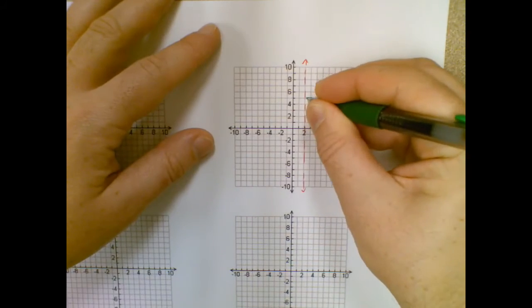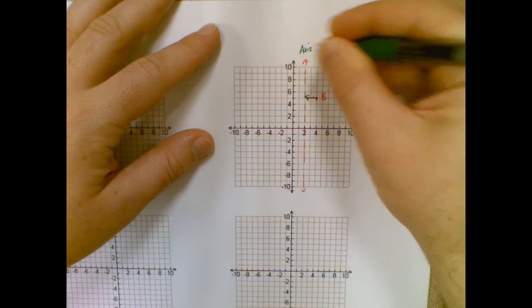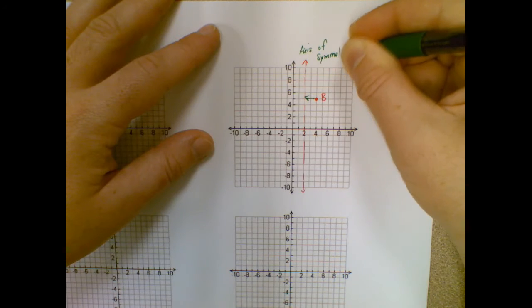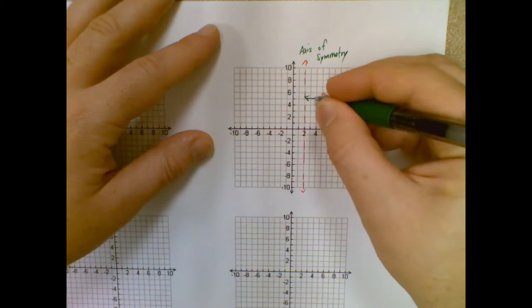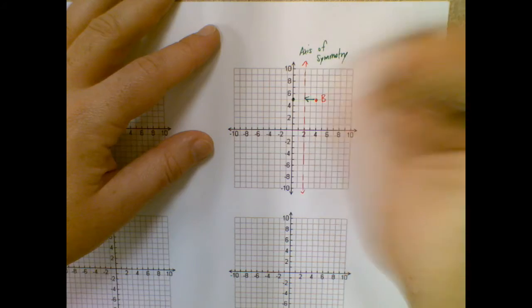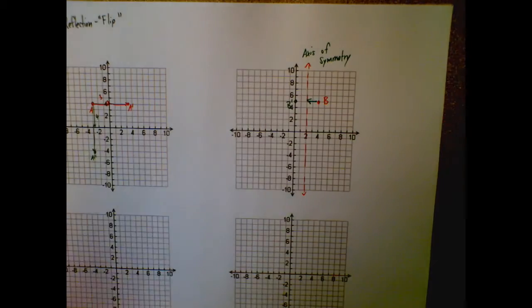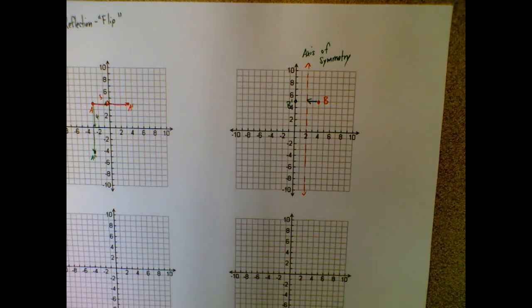I'm counting how far away we are from my line, which is known as the axis of symmetry. Okay, so I am 2 away from my axis of symmetry, so I'm going to go another 2 over here, and that's where my B prime would be located. And that works the same way regardless of whether it's a vertical or horizontal line. Doesn't make a big difference.